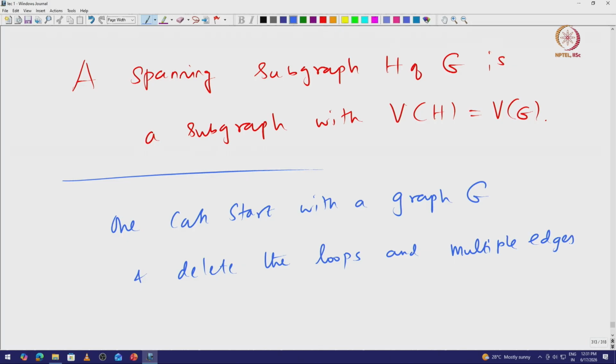So, you delete enough edges so that you reach only one edge between given two vertices, okay, and obtain a simple graph.